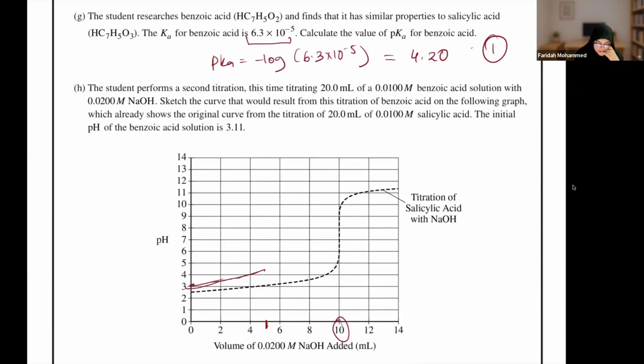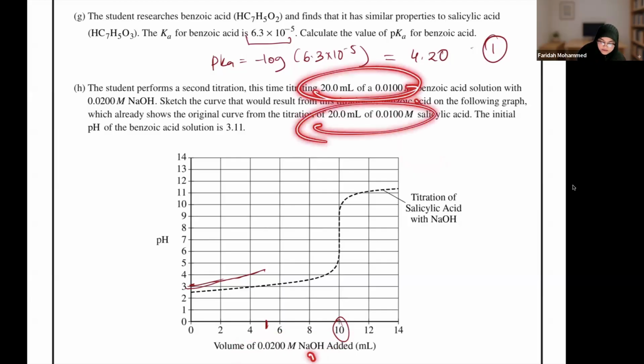The second point is that you want to make sure, how do we know what the volume needed will be? Because both of them have the same number of moles, the volume of NaOH is also going to be the same. Do I need to show the calculation for this? No, right? You understand. It's going to need the same amount of NaOH as the salicylic acid.